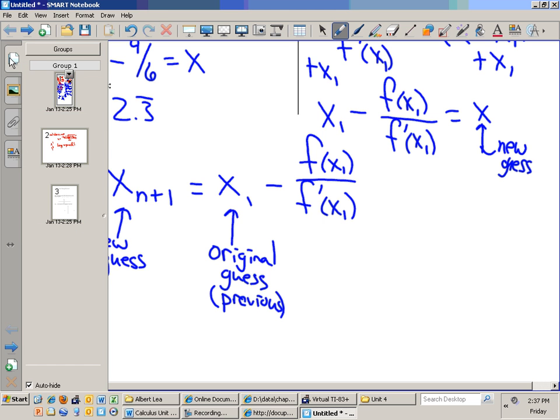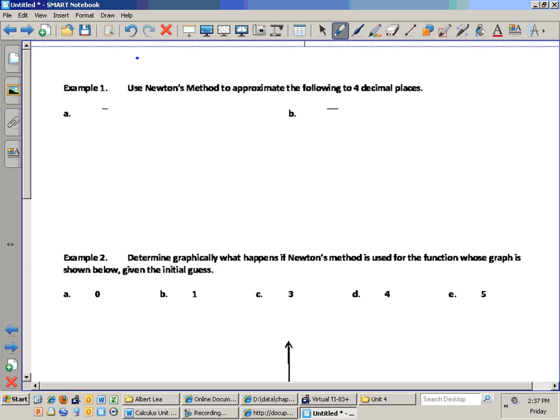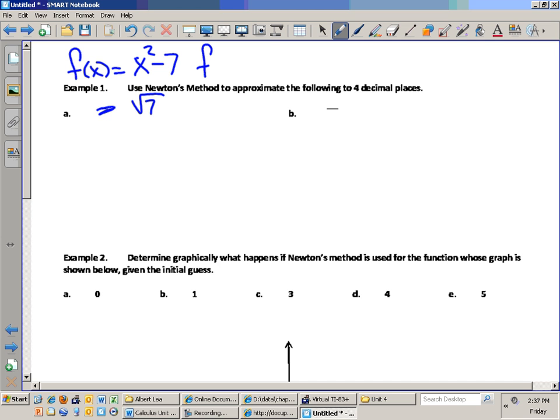Now, on the back side of the sheet, it didn't print off here for whatever reason, but I'm going to try to approximate the square root of 7. In order to do that, I will use the function f of x is equal to x squared minus 7, because it has a root at square root of 7. And I'm also going to need f prime of x, which is 2x.